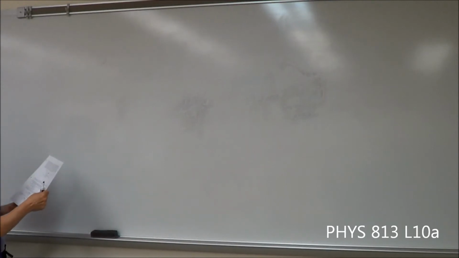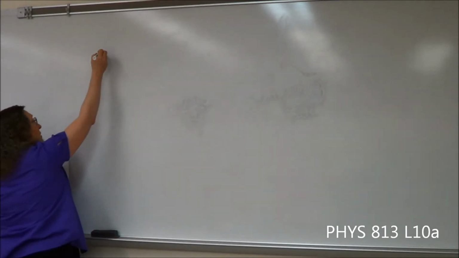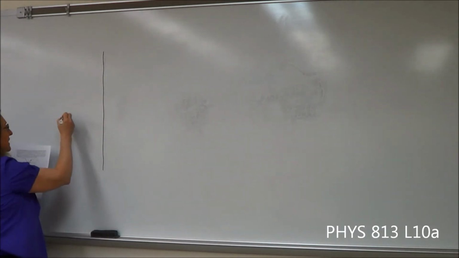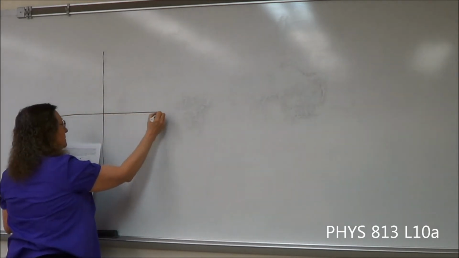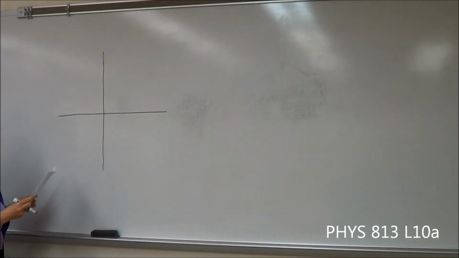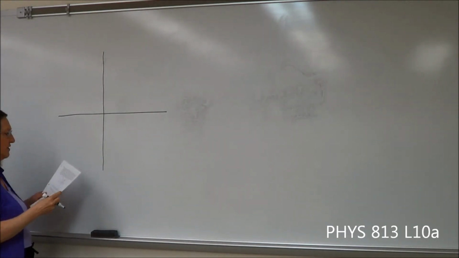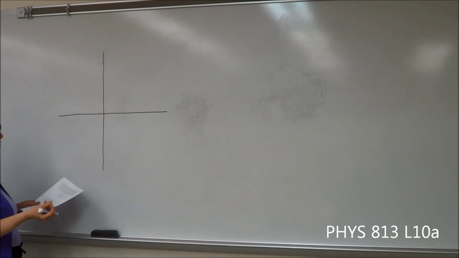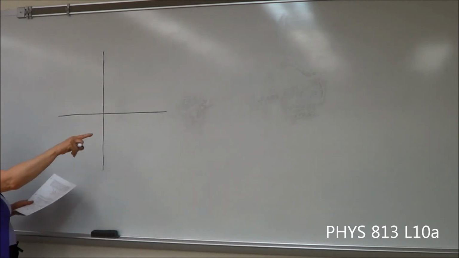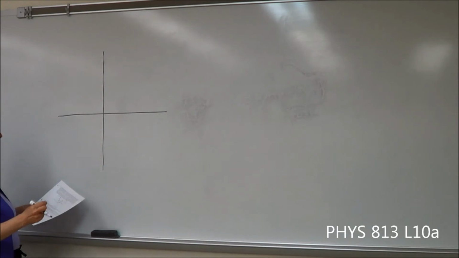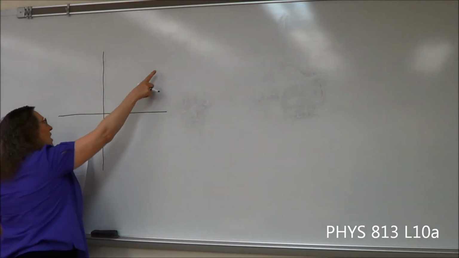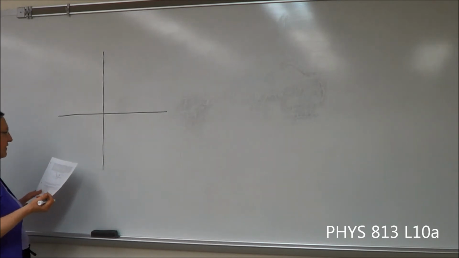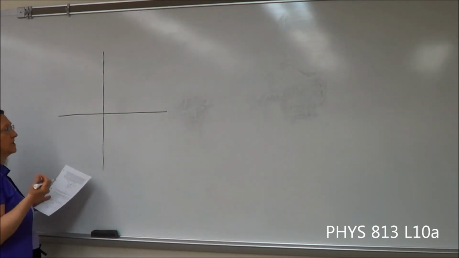So what we're going to do is start with a big set of axes, and we're going to draw the voltage across the resistor. Now, since the equation for the current was the same for all of them, we're going to draw this on here just to show that it's in phase with the voltage across the resistor.